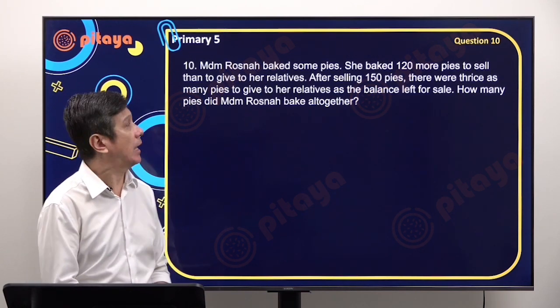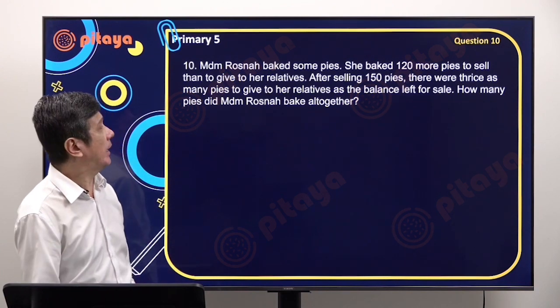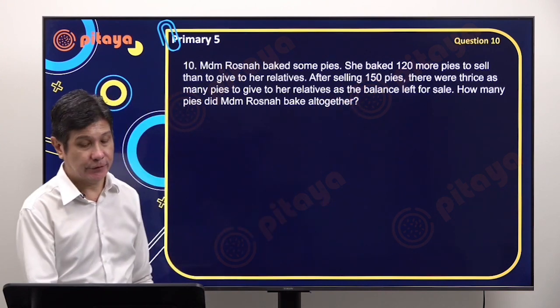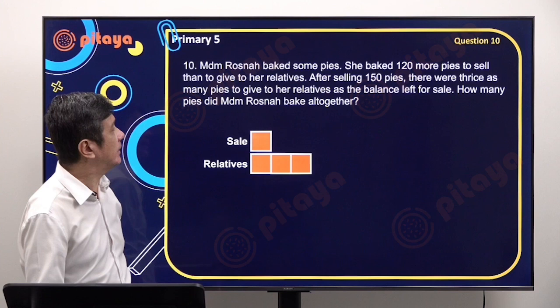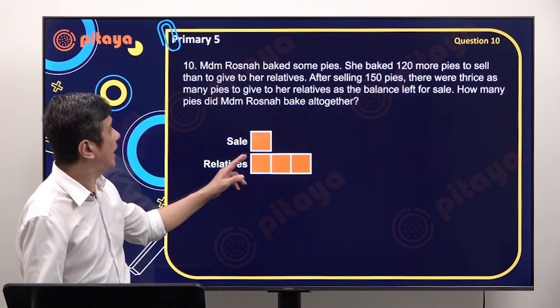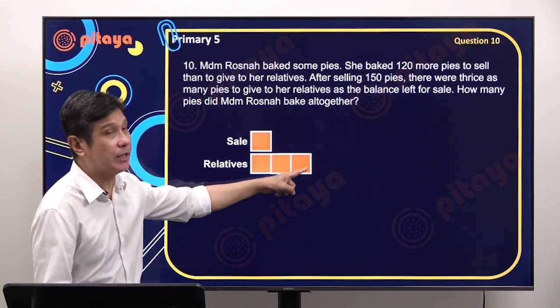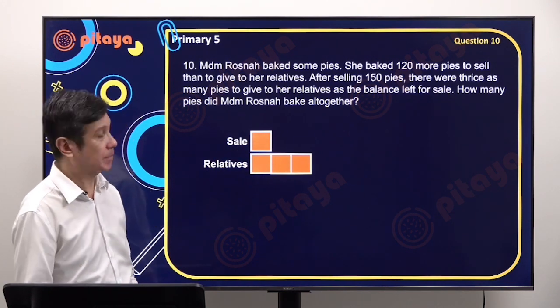Okay, so you know that one part of it is to sell, one part of it is to give. And we did not talk about giving, we only talk about selling 150. So after selling the 150, you now end up with this model in which the ones that you're giving is 3 times, the one that you sold is left 1 time, right?